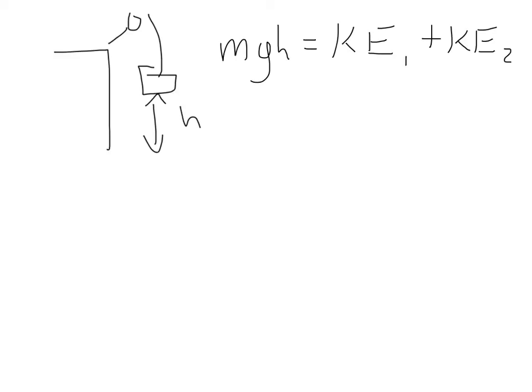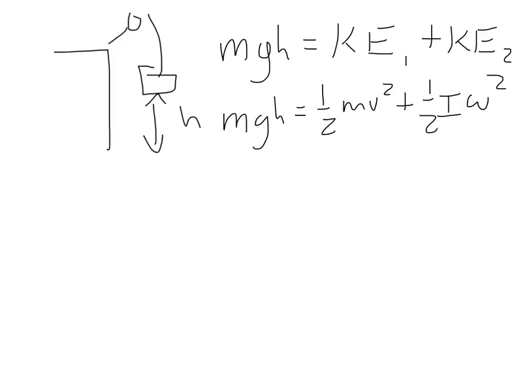Remember, the pulley is going to rotate, so it has some level of kinetic energy. So what you end up getting is mgh is equal to 1/2 m v squared, that's m for the little box, plus 1/2 I omega squared.